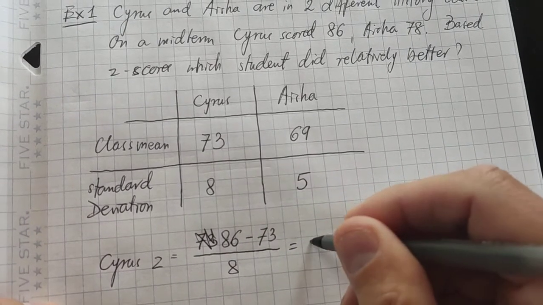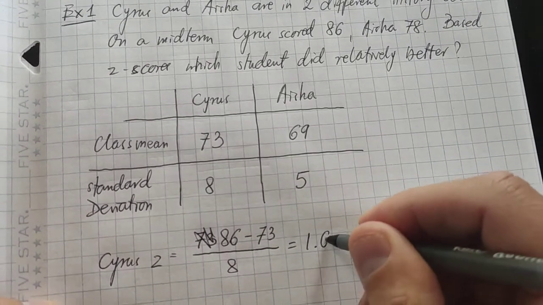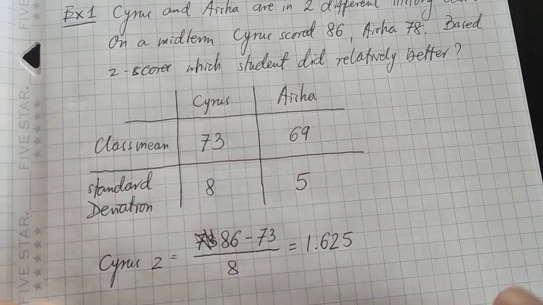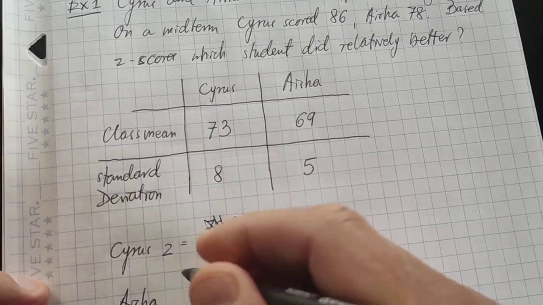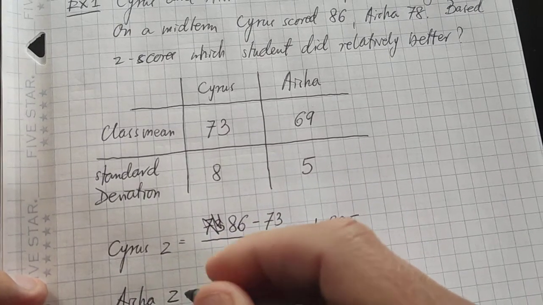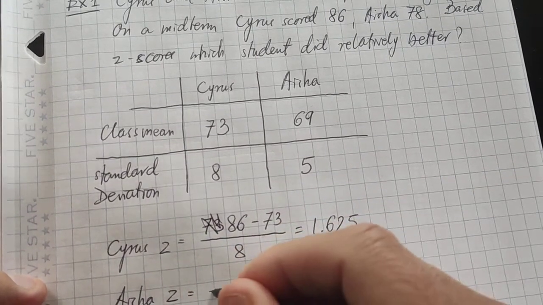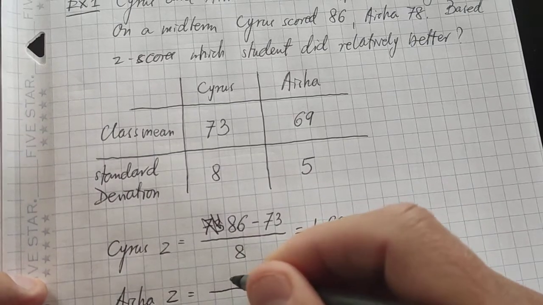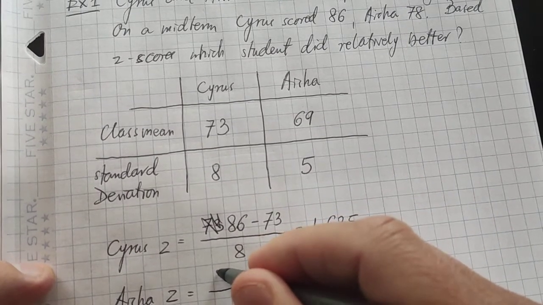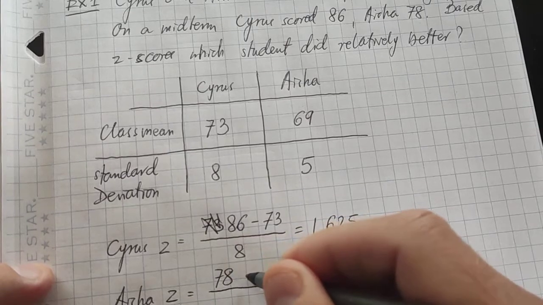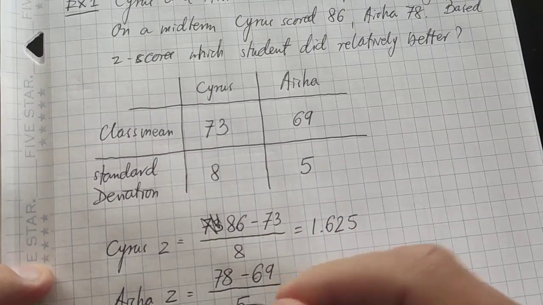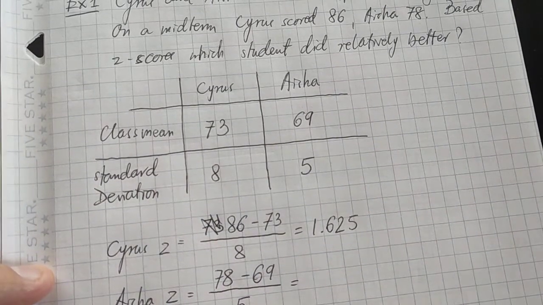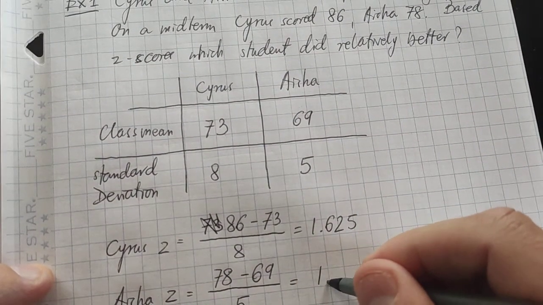What we get is 1.625. That's Cyrus. Now Aisha: 78 was her score, minus 69, divided by 5. That gives me 1.8.